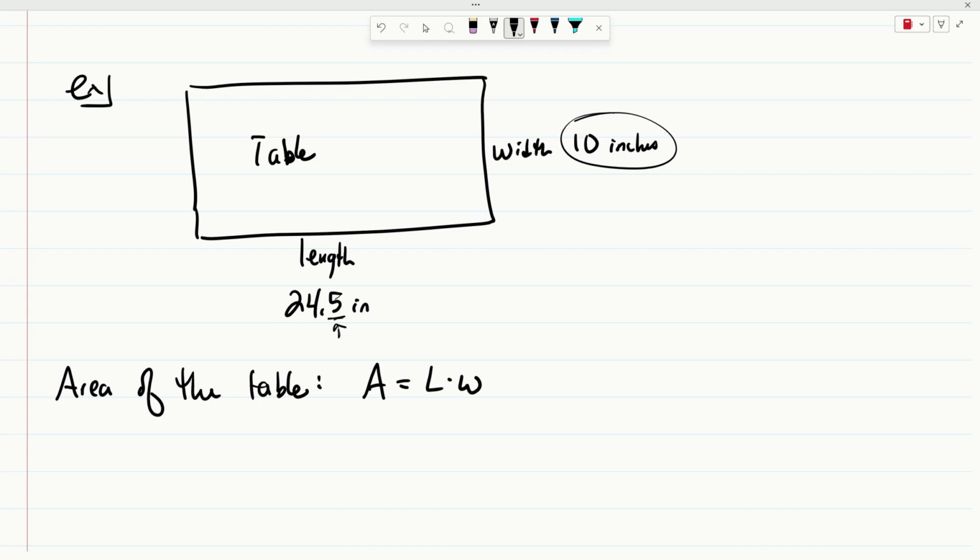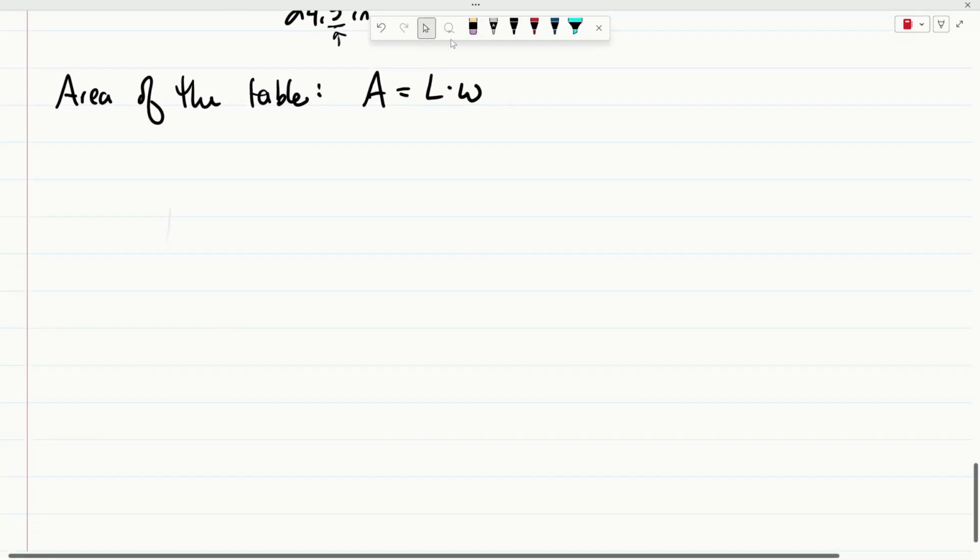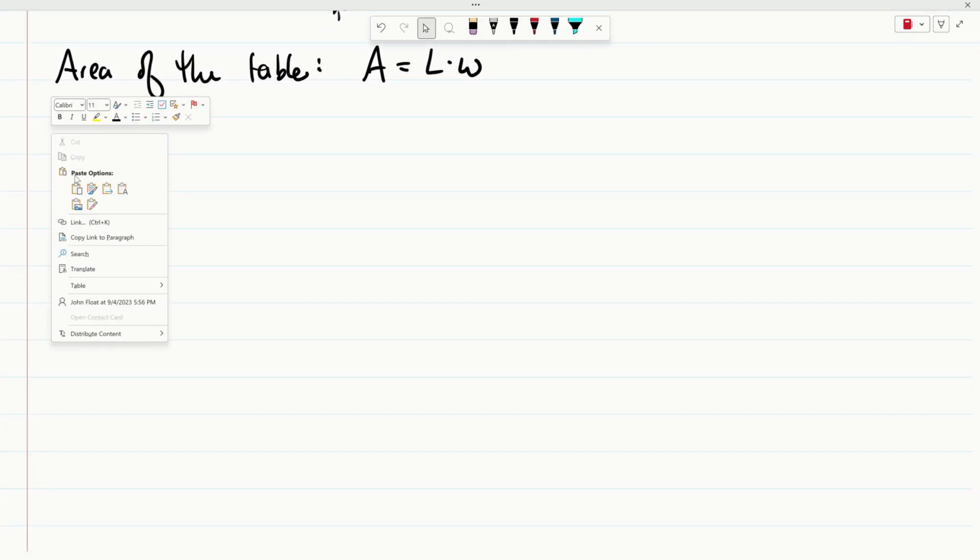There's nothing else there? So what's happening here is when we do these operations with measurements, we're going to have some sort of tolerance or some sort of error, okay? So here are the rules for this.